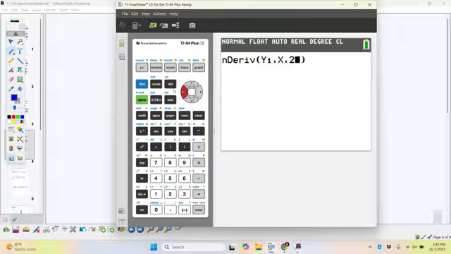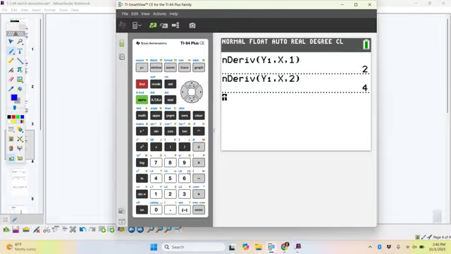Ooh, not 21. So the slope at 1 is 2. Now I go second, enter. Slope at 2 is 4. Second, enter. Slope at 3 is 6.